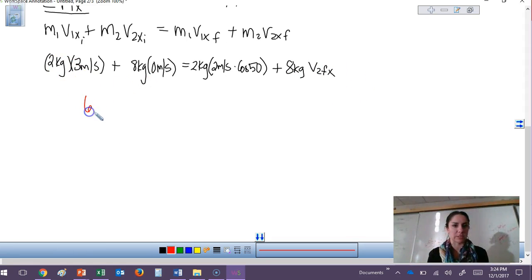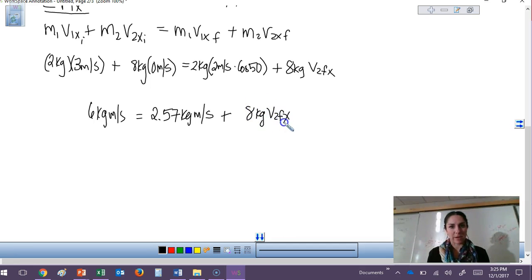So this becomes 6. That's just 0. So let's go ahead and calculate this out. Okay, I'm in degree mode. So let's do it: 2 times 2 times cosine 50, 2.57, plus 8 V2fx.